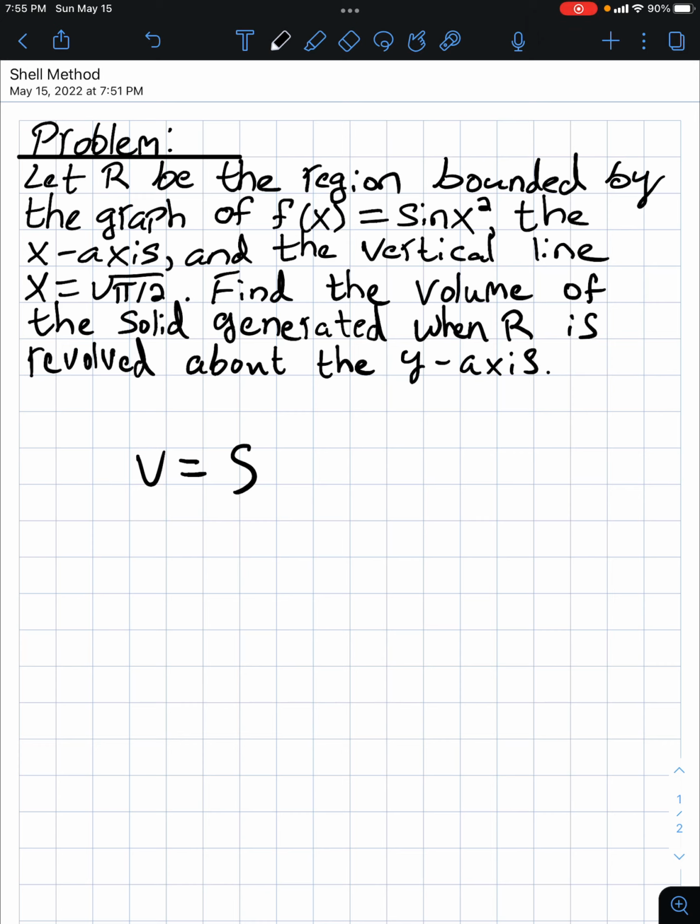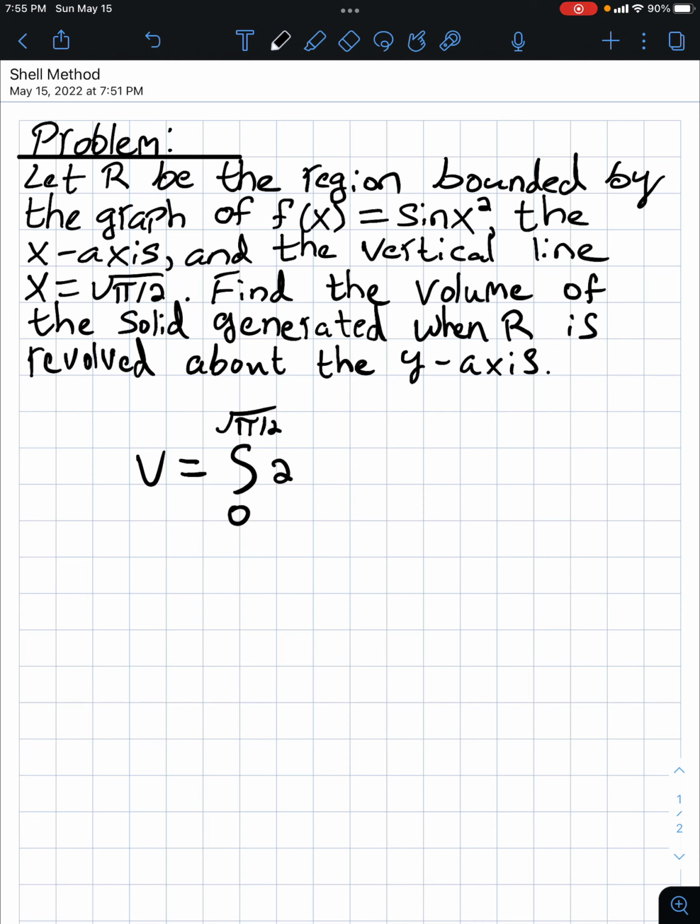It's like if you take a cross section of it. In terms of the x-axis, you'd be working from 0, because you're bounded by the x-axis, to the vertical line x equal to the square root of pi halves.